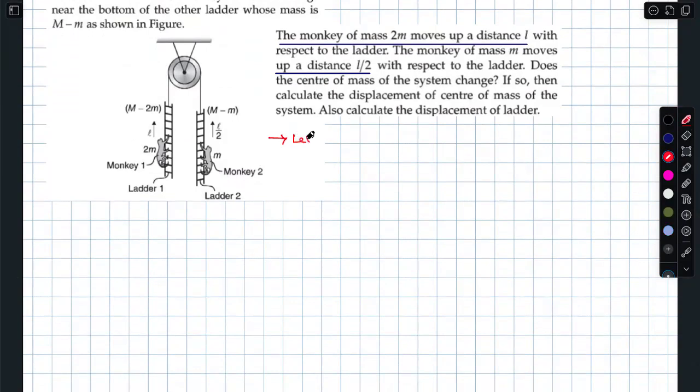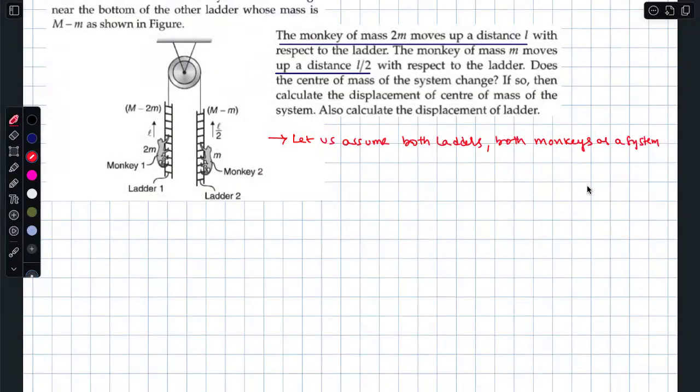Let us assume both ladders and both monkeys as a system. Agreed? Any doubt? We did the same thing yesterday also. And the rod, the counterweight, right?